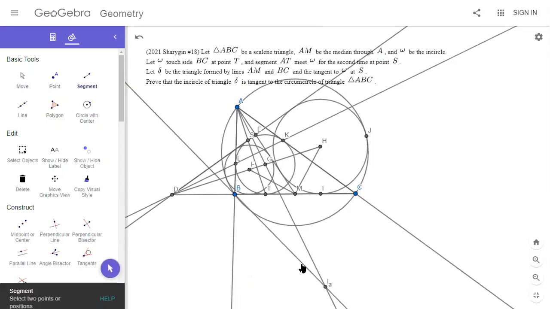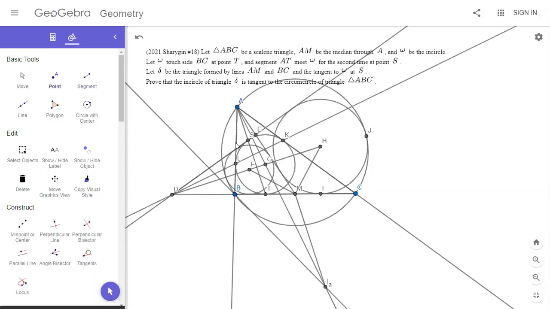And then IAM is parallel to AT. That's from the incenter-excenter lemma, I think. I think that shouldn't be hard to prove.